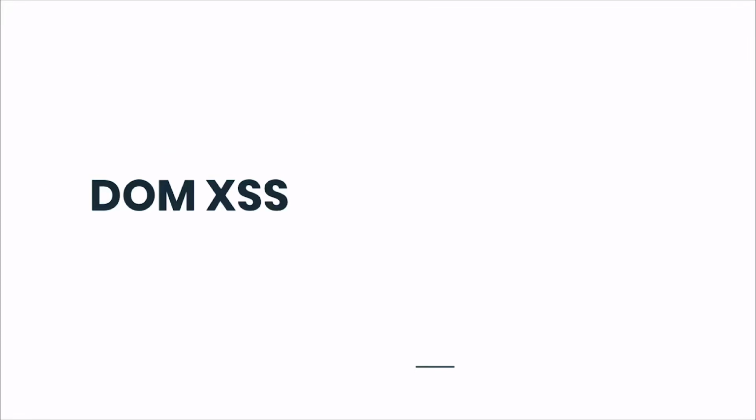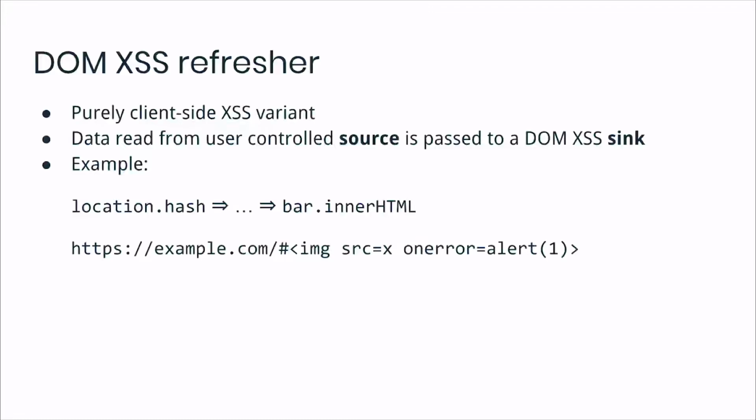So first, a very short refresher on DOM XSS. I imagine most of you are familiar with it, so we'll just skip right through it. DOM XSS is a purely client-side cross-site scripting variant. So the entirety of the vulnerability lies in the JavaScript code running in your browser.